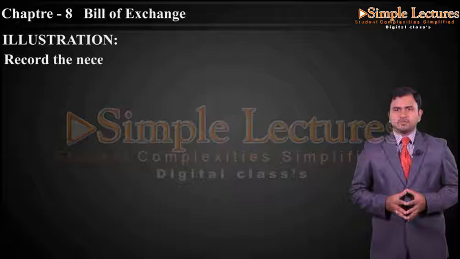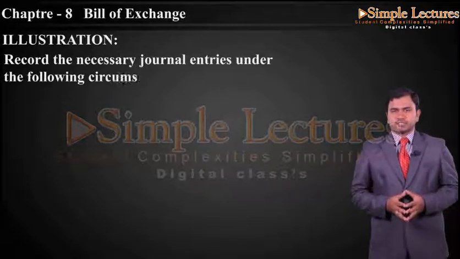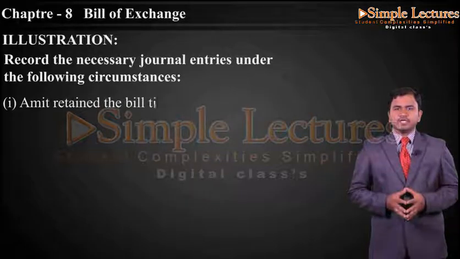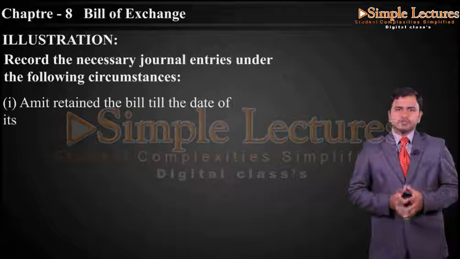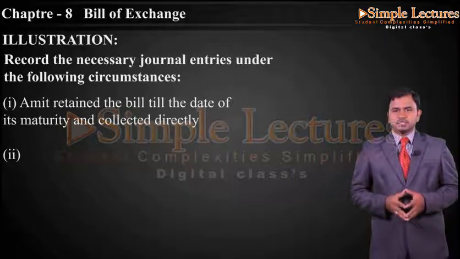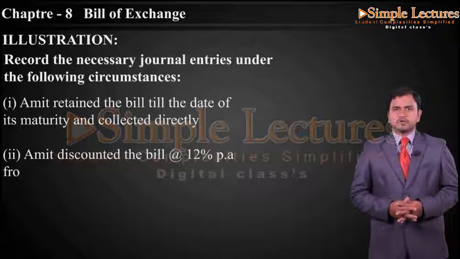So we have to record these entries in the journal in the following circumstances. The first circumstance is Amit retained the bill till the date of its maturity and collected directly. The second case is Amit discounted the bill at 12% per annum from his bank.